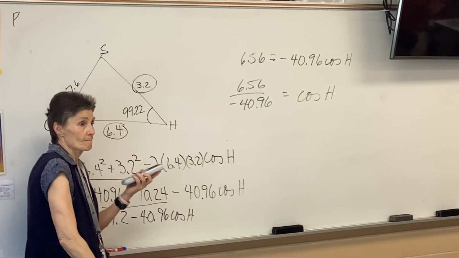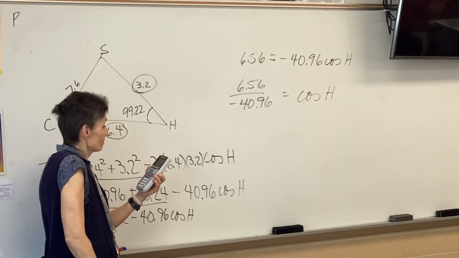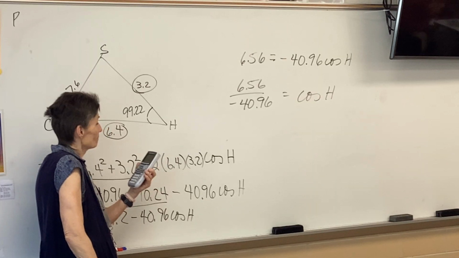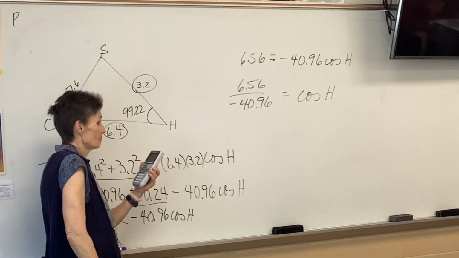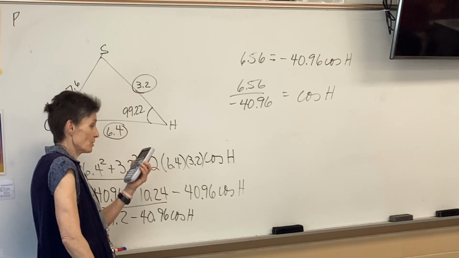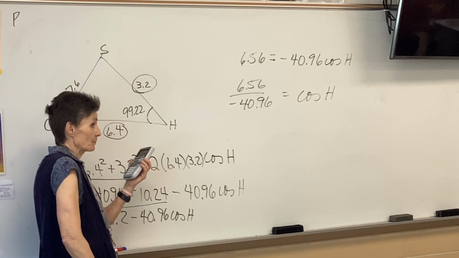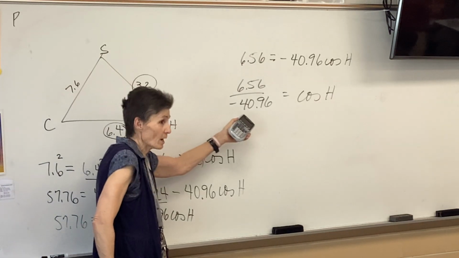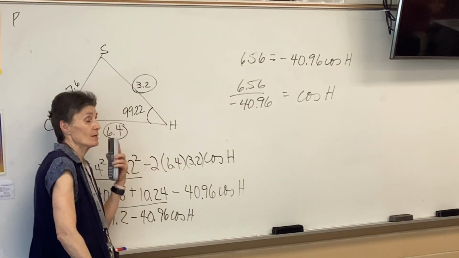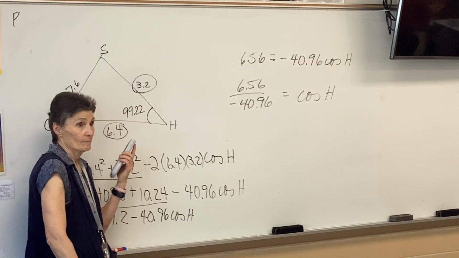Inverse cosine. You have to inverse cosine. If all you type is a fraction, you're not gonna get H. The only way to get H is to inverse cosine. I got 99.22.